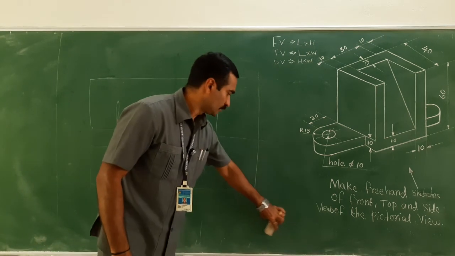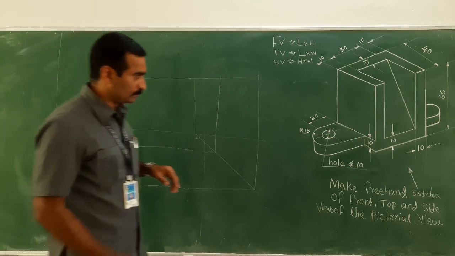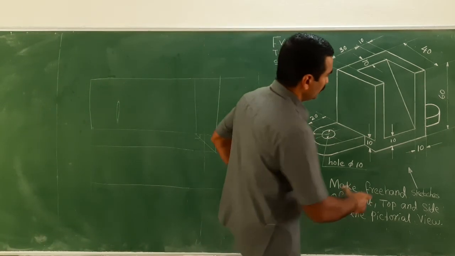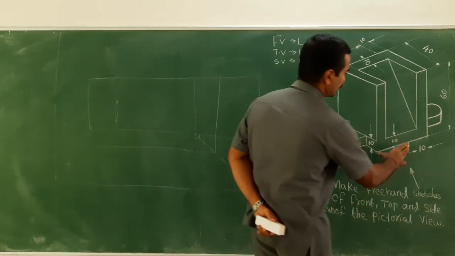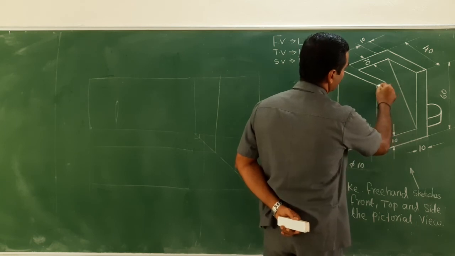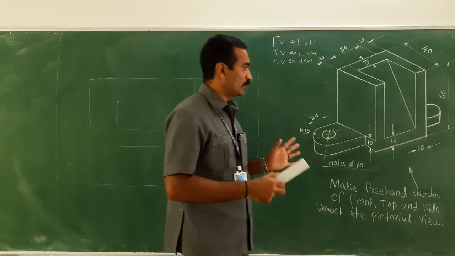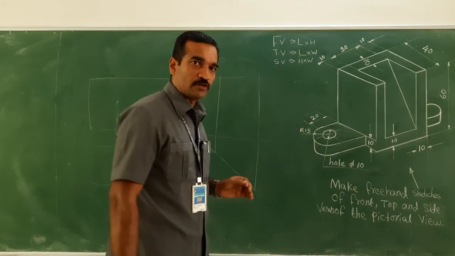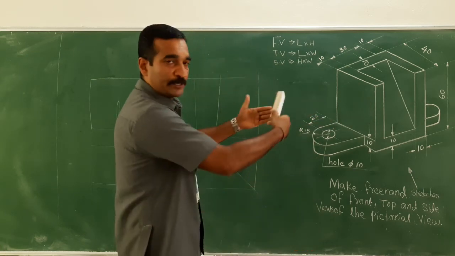Fine. Now I am going to proceed for the front view. To start with, which portion would be visible? So this total length is 50, isn't it? So this could be visible. So before proceeding, the observer, that means now I am the observer, I need to assume this particular object is just perpendicular to me.